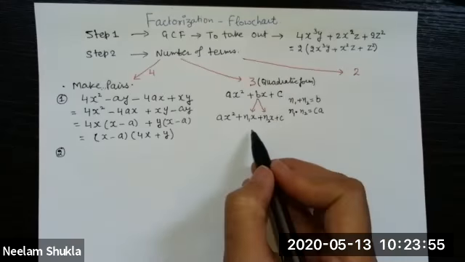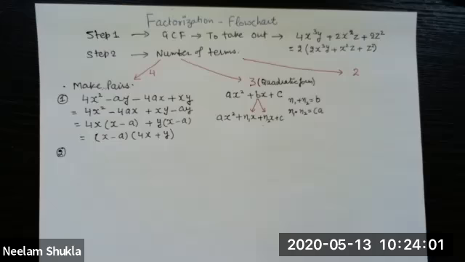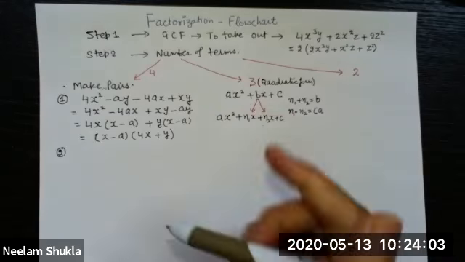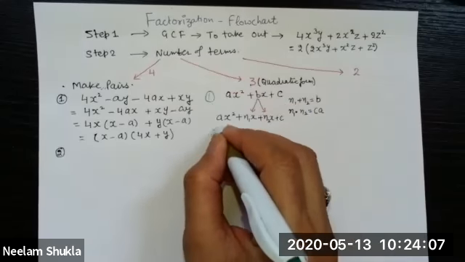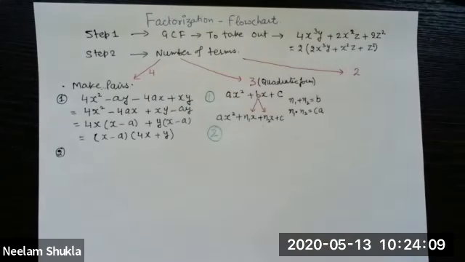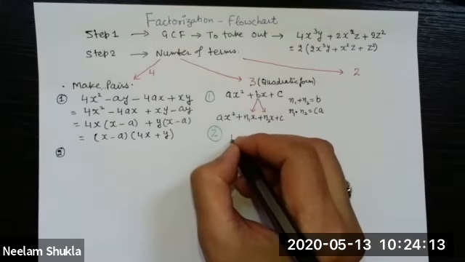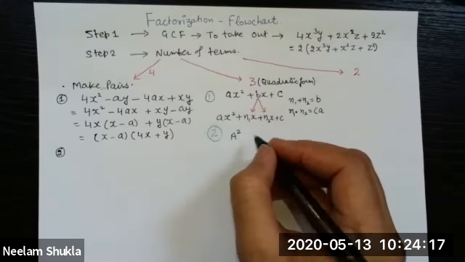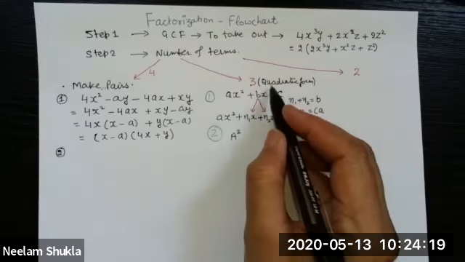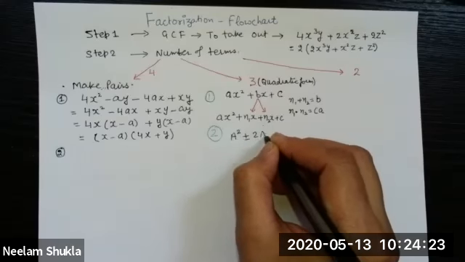The second situation which occurs here is you could be having an expression which is not the quadratic form, but it is a complete square.